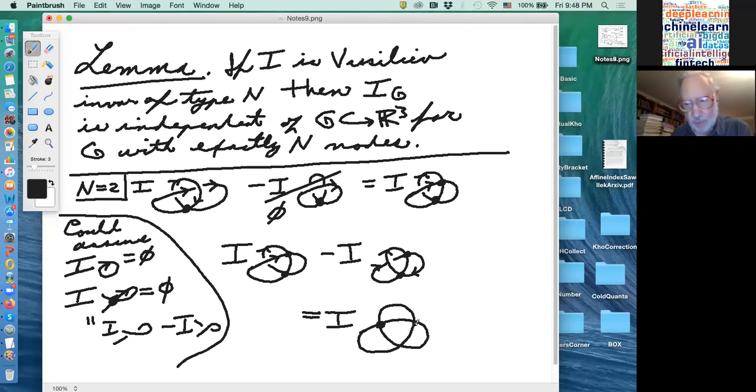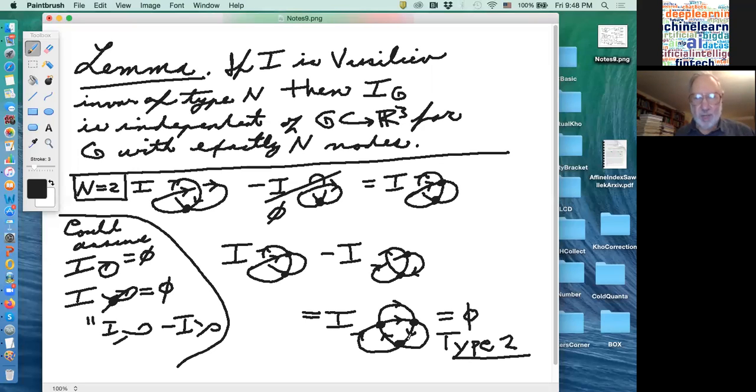There's only one crossing left now. We're down to 3 nodes, huh? That's interesting, because this is 0, because it's type 2. Right, I said n equals 2. So if I have a type 2 invariant, then a graph with 3 nodes vanishes, right?